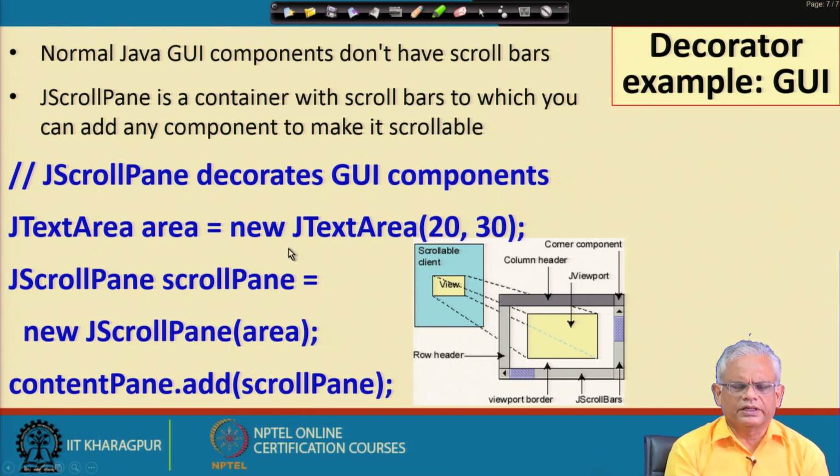Let us say we create a text area with 20 rows and 30 columns. So, we create new JTextArea(20, 30), and area is the reference to that, and then we create a scroll pane and we give area as the argument to it. This is the constructor for the JScrollPane, and it takes area as the argument.